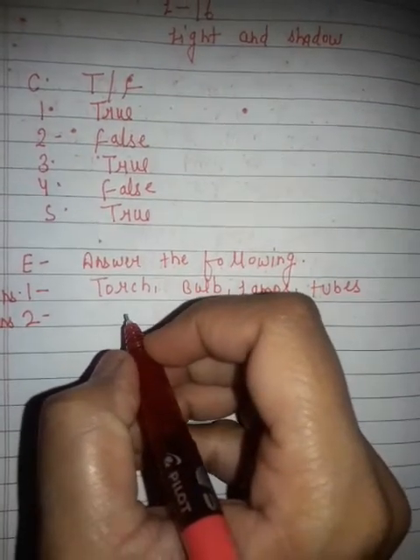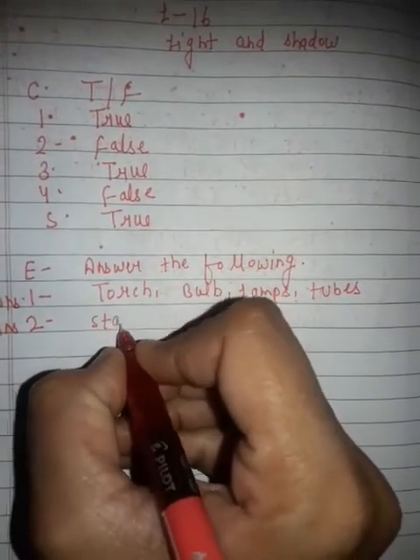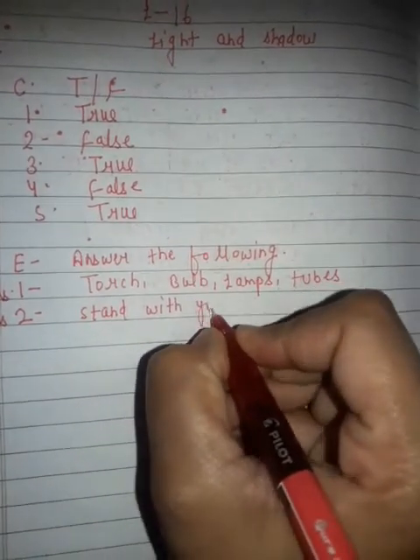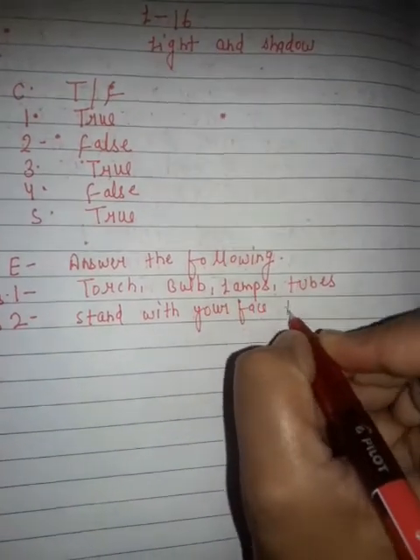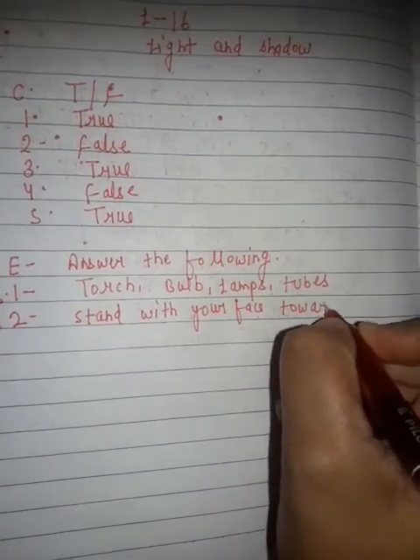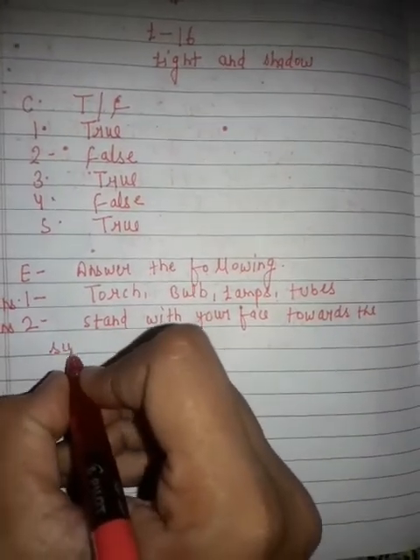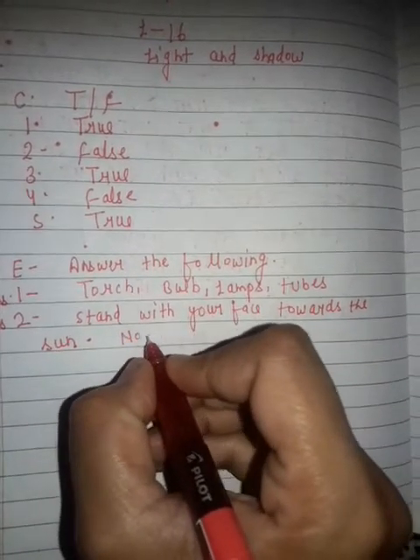You have to write: stand with your face towards the sun, and look at your back.